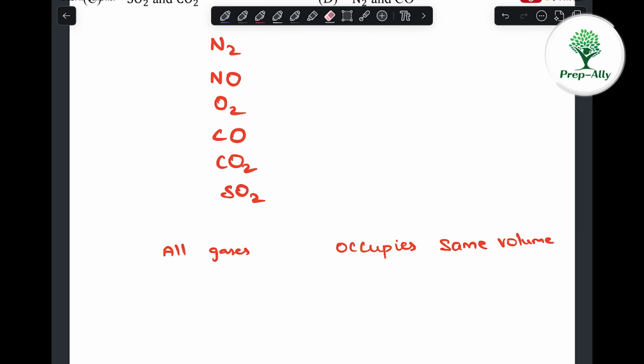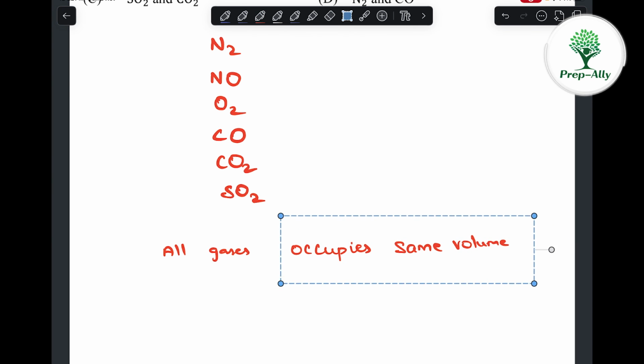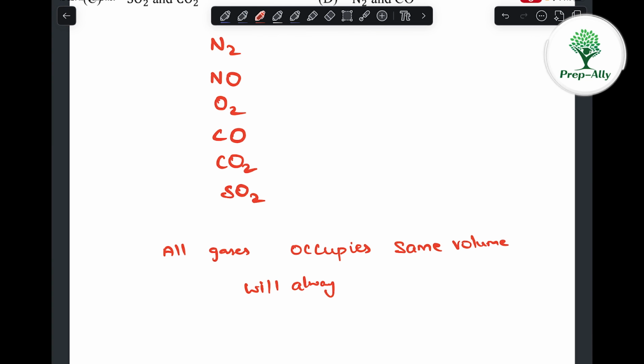All gases that occupy the same volume will always have an equal number of molecules inside.